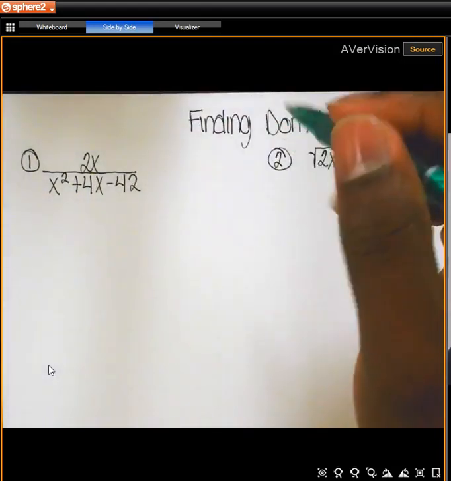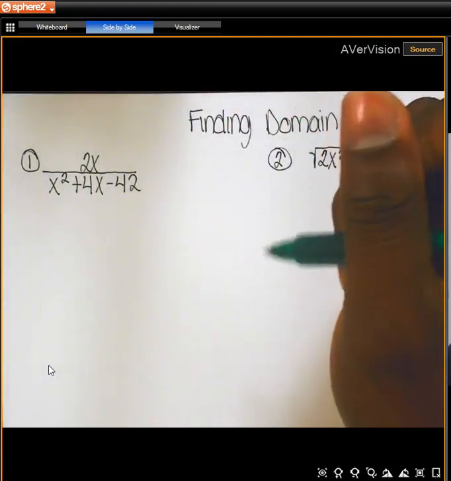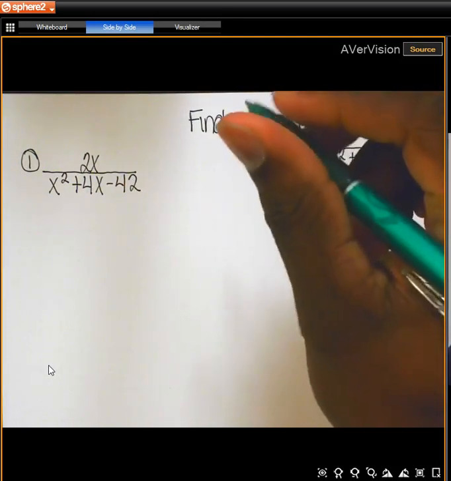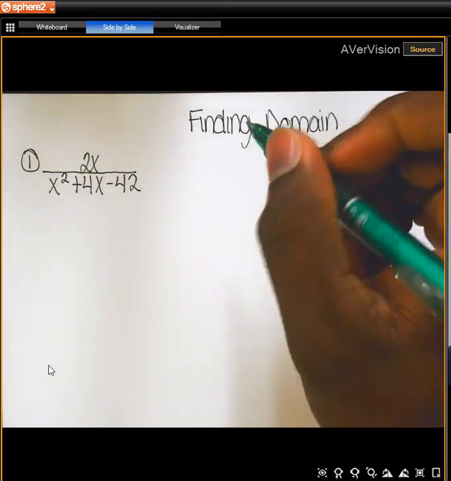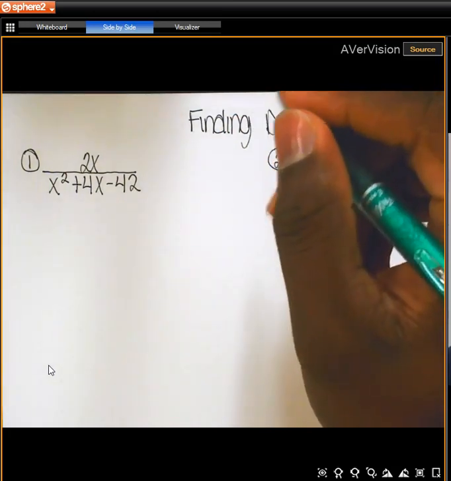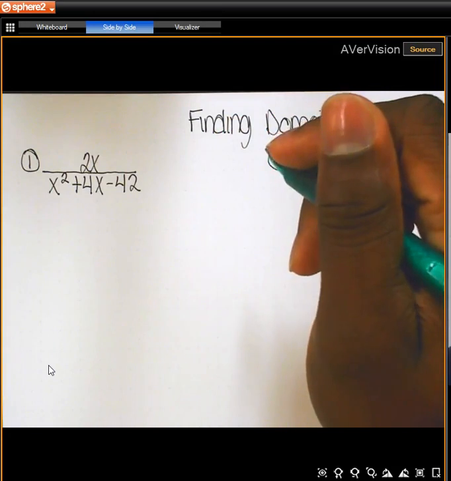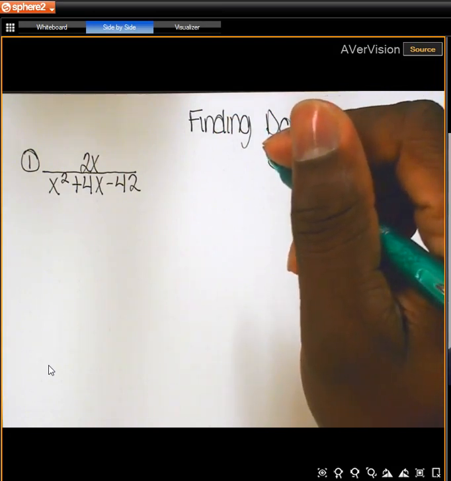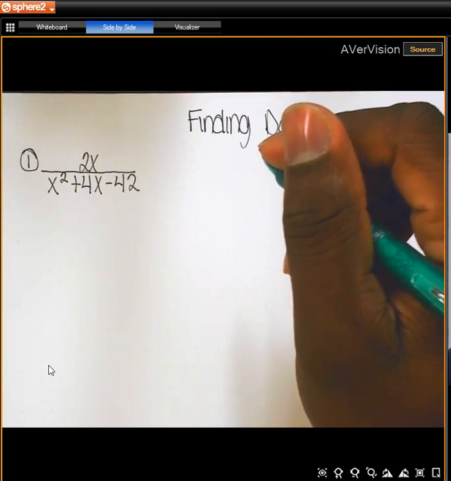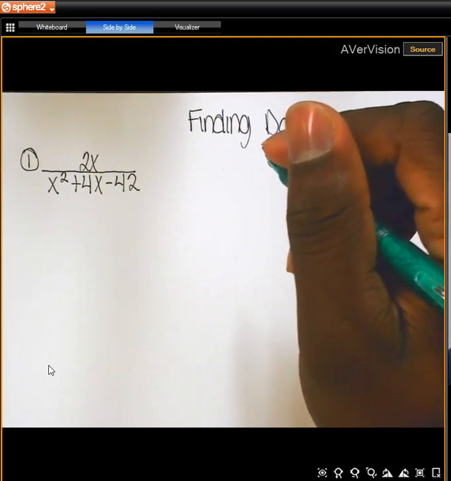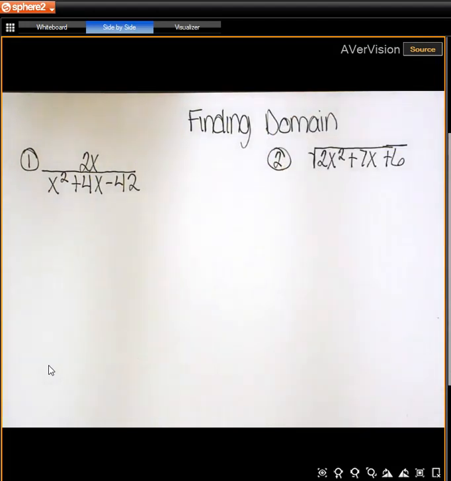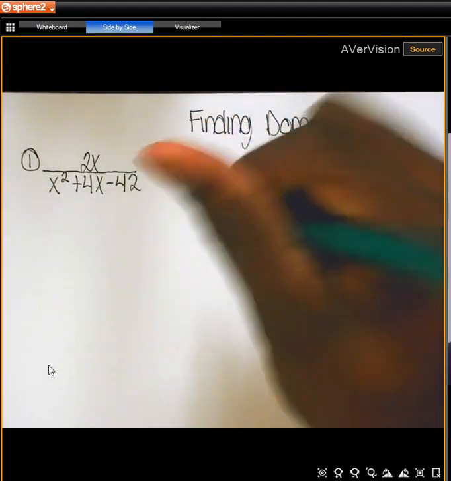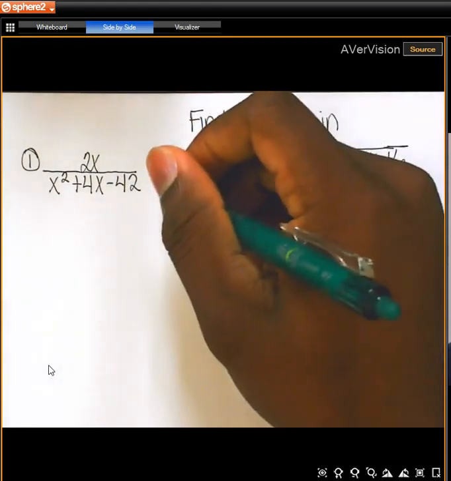What can't you have with fractions? So with fractions, we can't divide by 0, so the denominator cannot be 0.